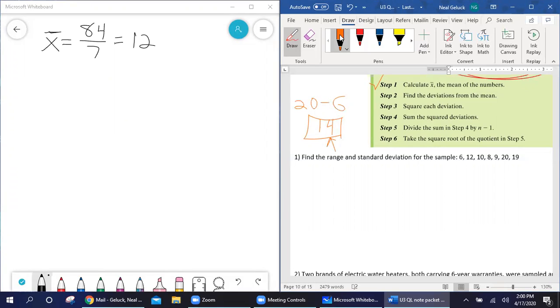find the deviations from the mean. So that's subtracting the mean from each value. Let's see, I'm going to do this in just a little list here. My values are 6, 12, 10, 8, 9, 20, 19. I'm going to subtract off the mean from each one of those.